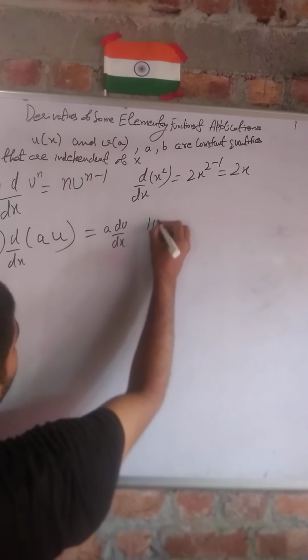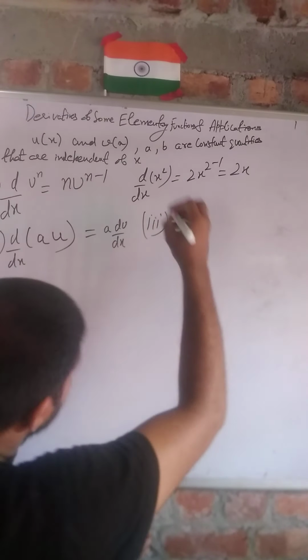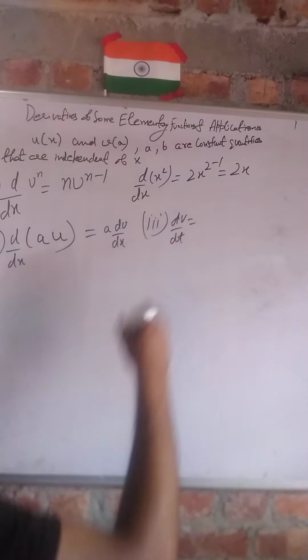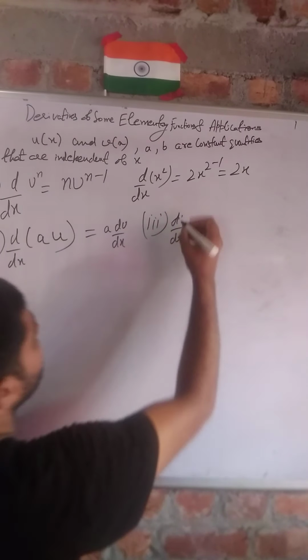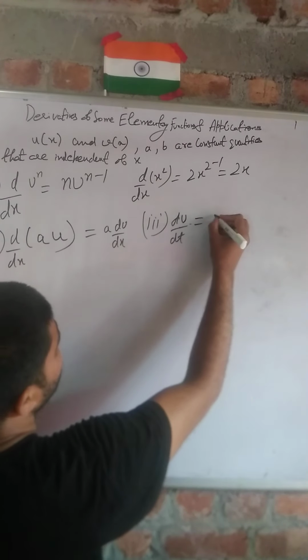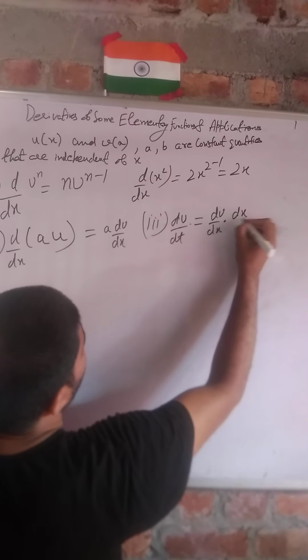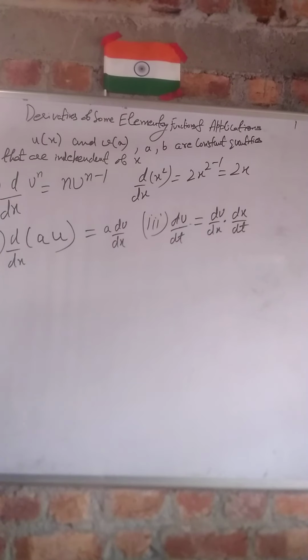Now third. Suppose you have du by dt. This is u, it is not v. This du by dt can be written as du by dx into dx by dt. So this is the third elementary formula.